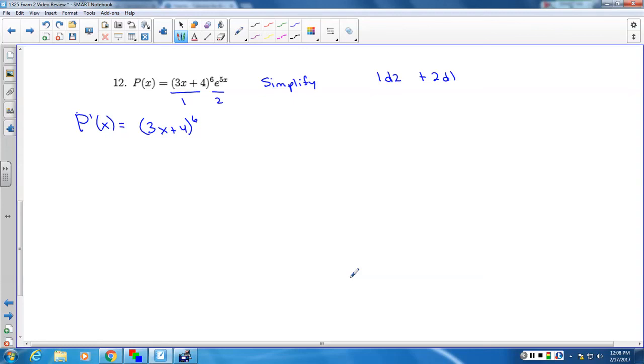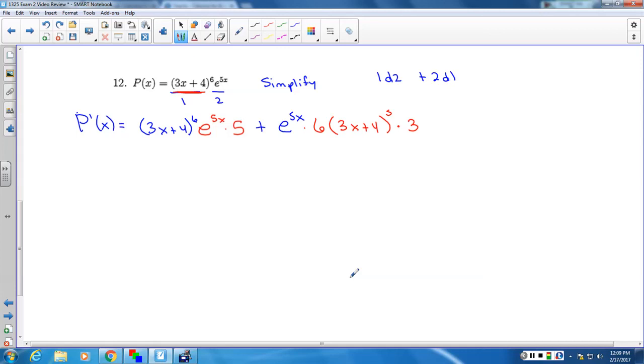Derivative of e to the junk is e to the junk times derivative of the junk. Plus 2, just write down my 2 term. d1, derivative of junk to the 6th power is going to be 6 junk to the 5th power. Put the junk in the parentheses times derivative of the junk.